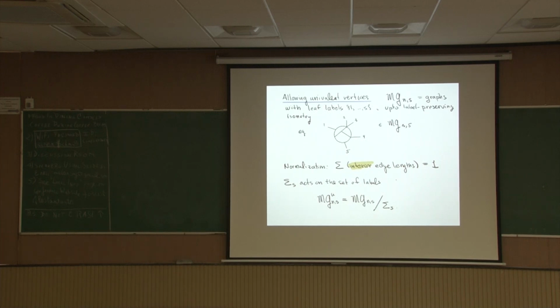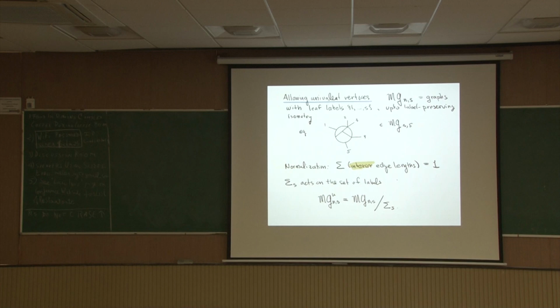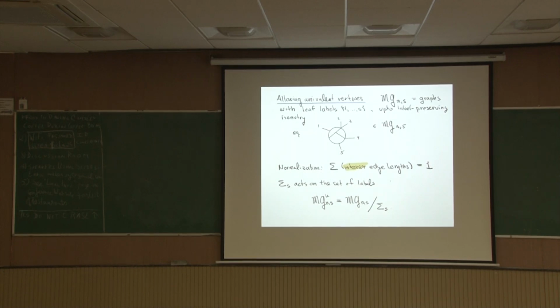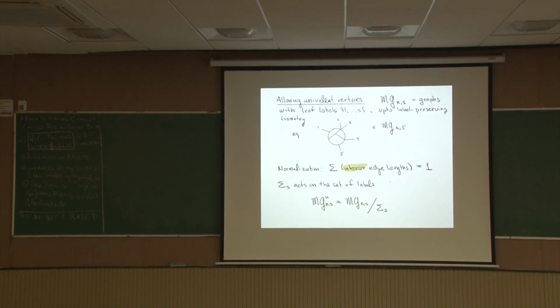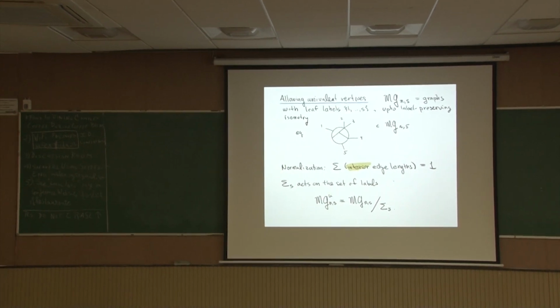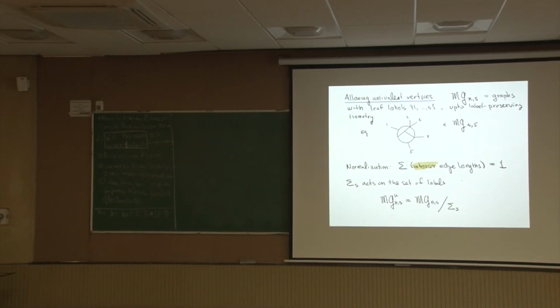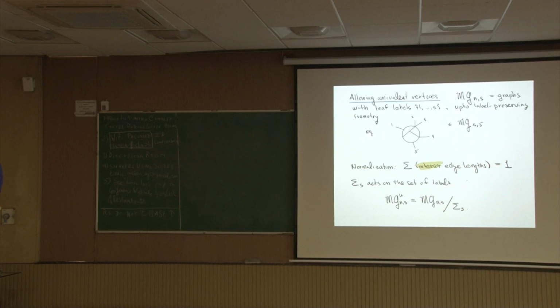So I've put a little U up there on top of the decorated MGNS to indicate that the leaves are unlabeled leaves. Okay, so those are some spaces of graphs. Of course, in this version, if I take S equal to 0, I just get no leaves. So that's MGN, the same one I talked about before.